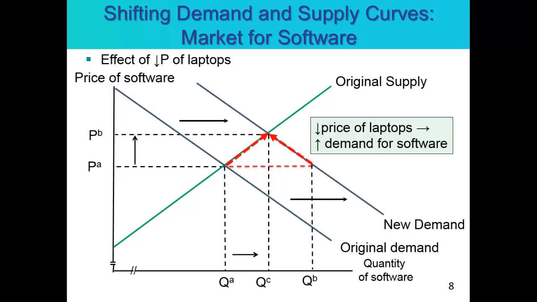Any buyer who puts a value on software that is less than PB will not be able to get the software. We can do a similar analysis with the suppliers. The people who would be predicted to provide this product would be those sellers who are willing to sell at a price less than PB. There are going to be other sellers out there who would be willing to sell, but they're not going to be able to sell in this market. The reason being the minimum amount that they are willing to sell for exceeds PB.